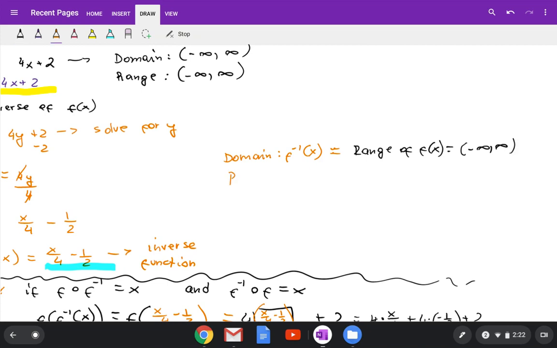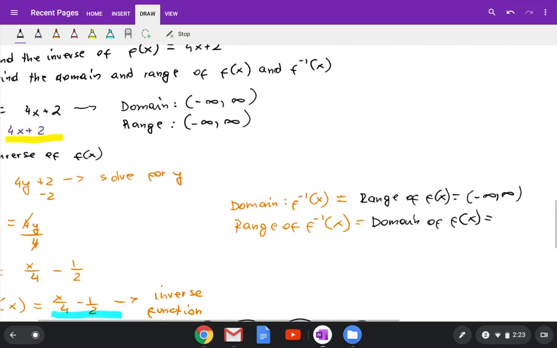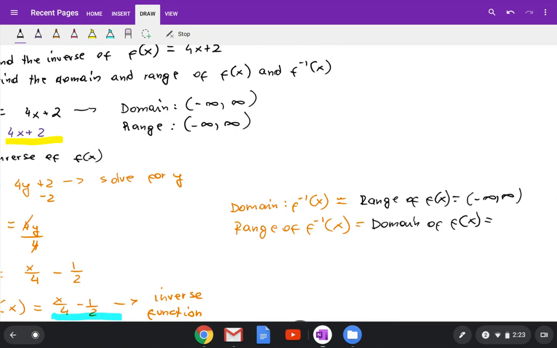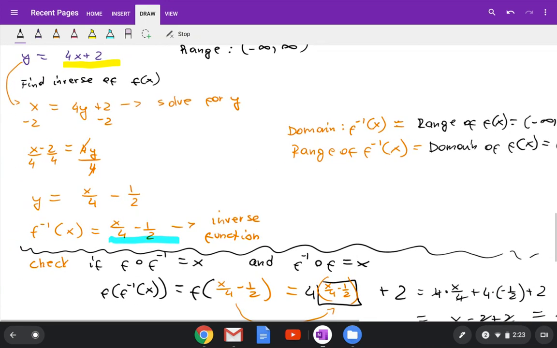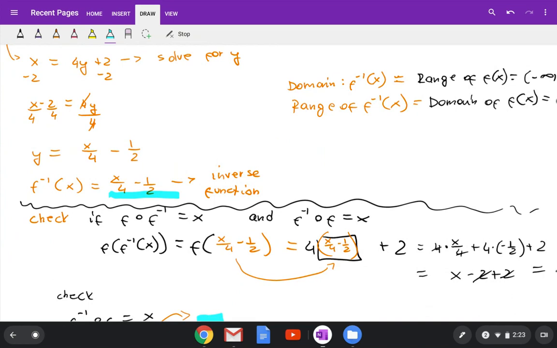Now, range of inverse, by definition, is the same as the domain of the original function. So the domain of the original function was all real from negative infinity to infinity. So I just copied that. But also, for some reason, if you missed that information, your inverse function right here is a linear function.